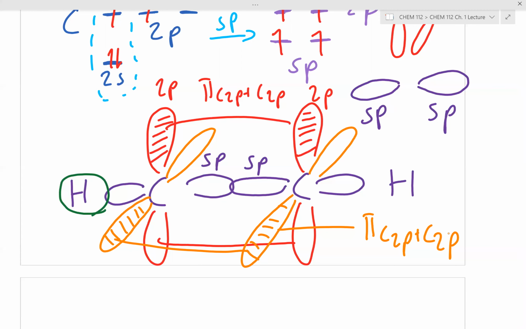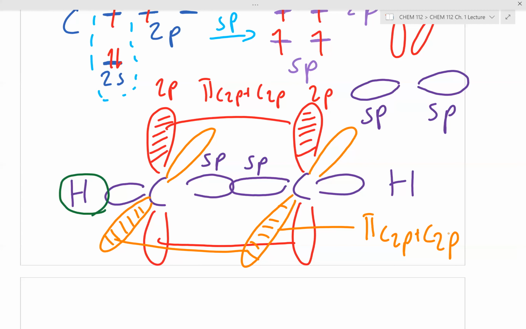So when we get to what are known as pi systems, when we start talking about resonance, I always want you to keep in mind, we can only overlap our p orbitals to form pi bonds if the p orbitals have the same orientation. Does that make sense to everyone? So when you look at sp hybridized atoms, they have one pi bond occurring on the vertical axis and a second pi bond on the horizontal axis. Okay.